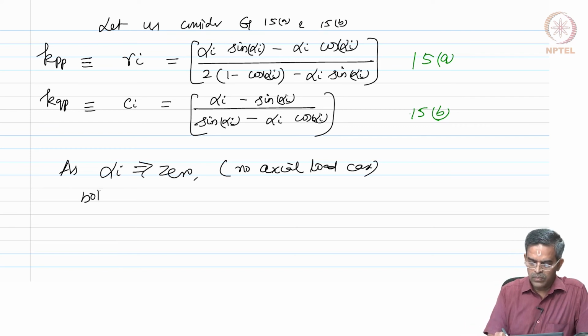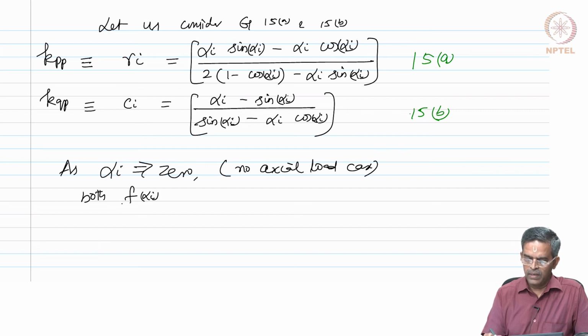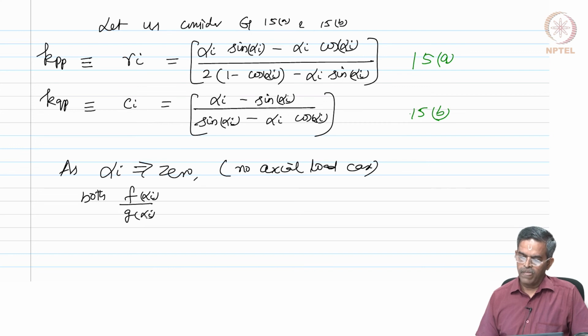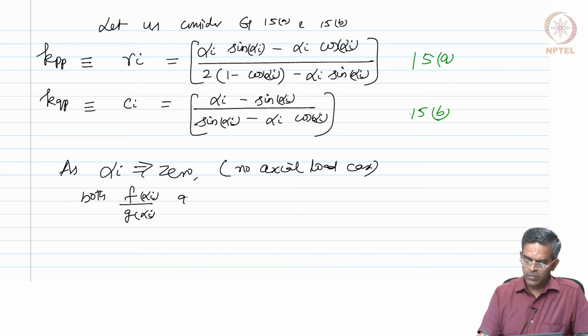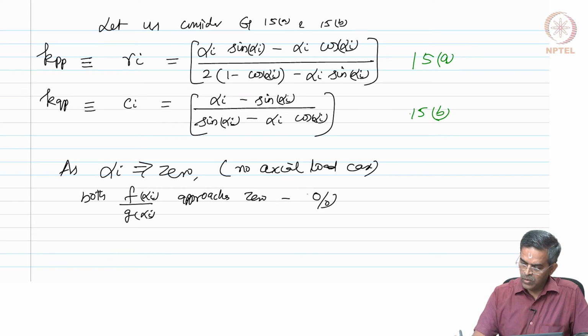Both f of alpha I by g of alpha I approach 0. So, this will turn to a 0 by 0 form, is it not?